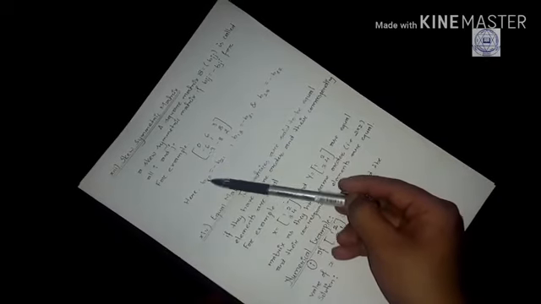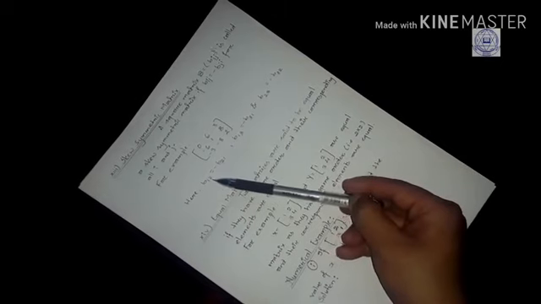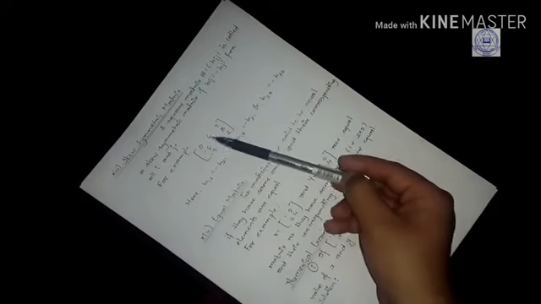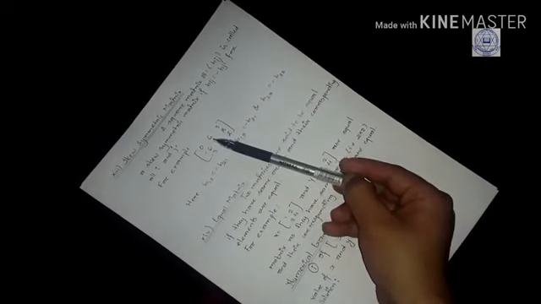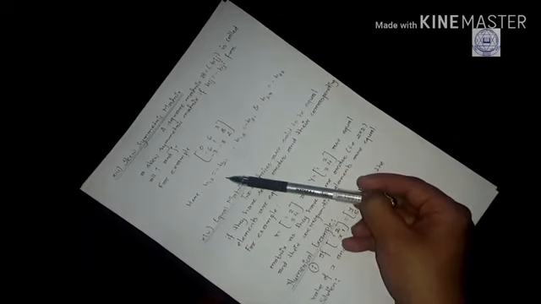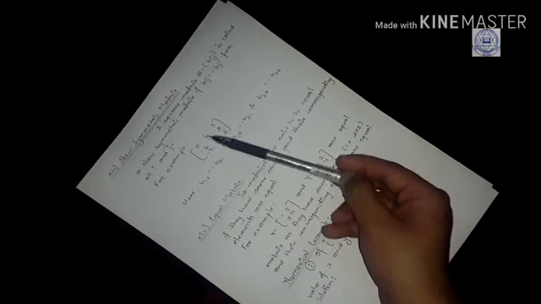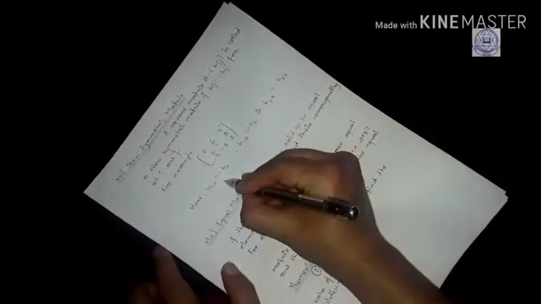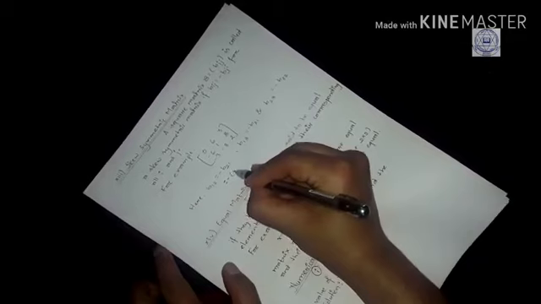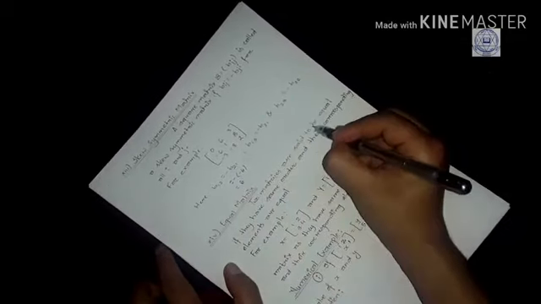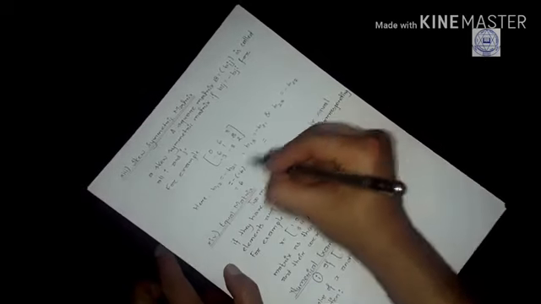See, b12 is minus of b21. See here, b12 is 6, but b21 is minus 6, isn't it? So see, the negative of this one. So b12 is equal to minus b21, that is, minus of minus 6 is equal to 6, which is b12.